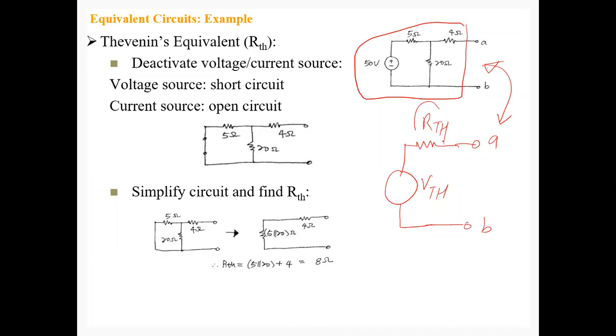So let's find RTH and let's find VTH. How do we do that? First of all, let's find RTH, then we'll find VTH. Let's do that one at a time.